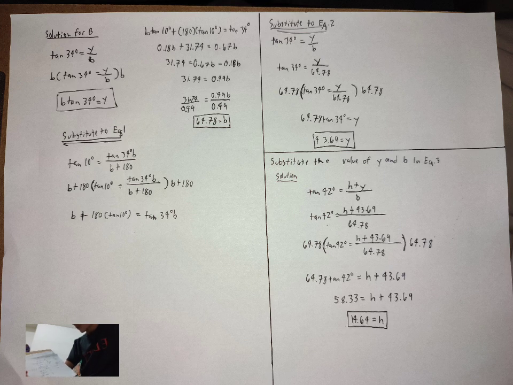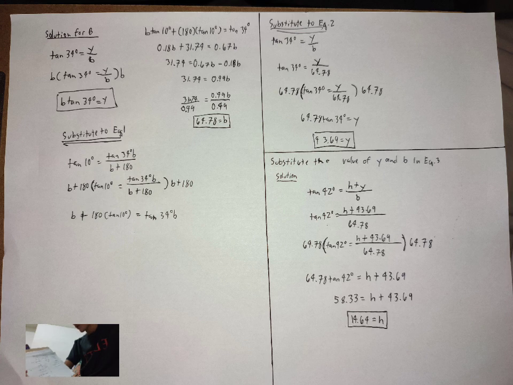So B tangent 10 degrees plus 180 multiplied by tangent 10 degrees is equal to B tangent 34. 0.18b plus 31.74 is equal to 0.67b. 31.74 is equal to 0.67b minus 0.18b. So 31.74 is equal to 0.49b. Divide both sides by 0.49, and it will give you the answer: B is 64.78.